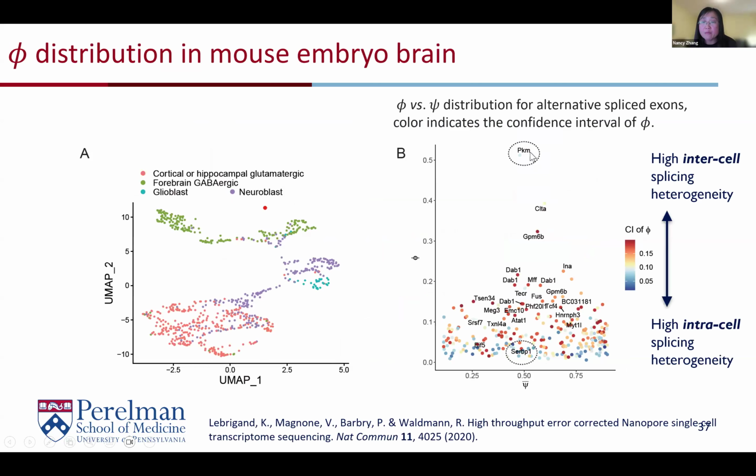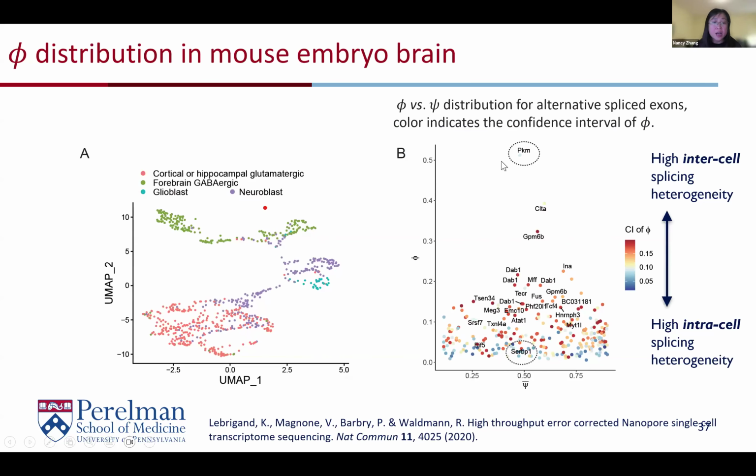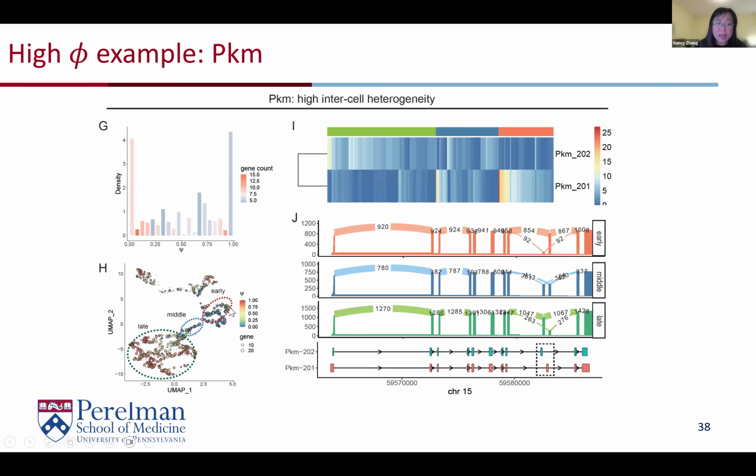You see that PKM, for example, has a low CI. A lot of them don't have really high confidence because the gene is expressed too low, but we just added them here anyway. And then you see that PKM, this top gene here, is a splicing isoform that is informative for the stage of differentiation into the glutamatergic arm.